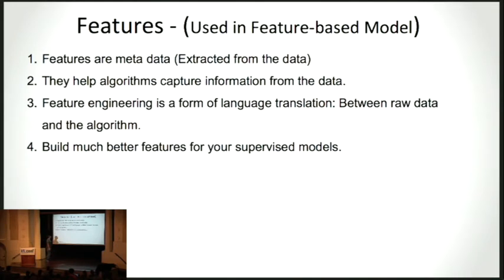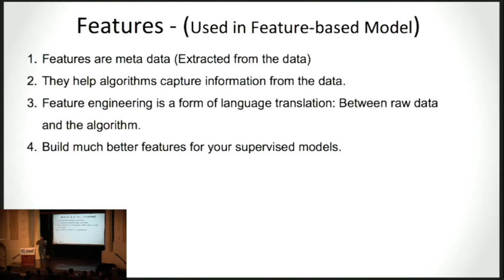The reason I stress features is that features are the metadata from the data that you have. All of us who have tried machine learning modeling for the first time take whatever is in the database, 10 columns, 15 columns, throw it at a machine learning algorithm and say, show me something. Nothing comes up. But that's where you start engineering good features.